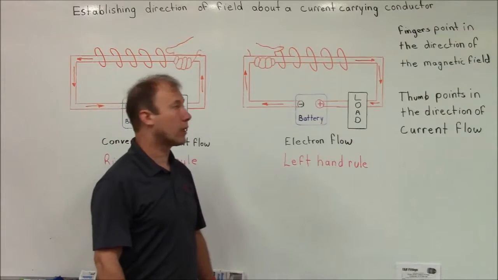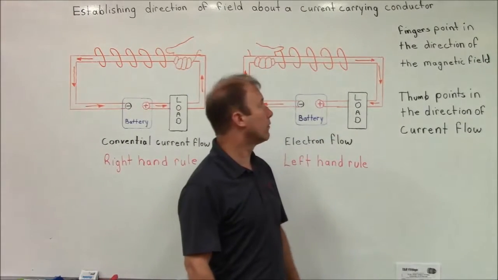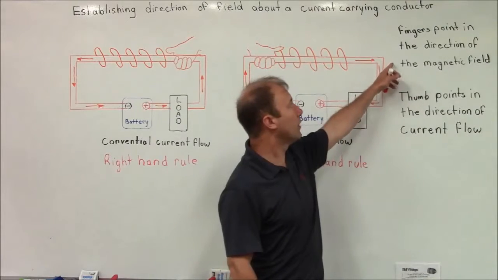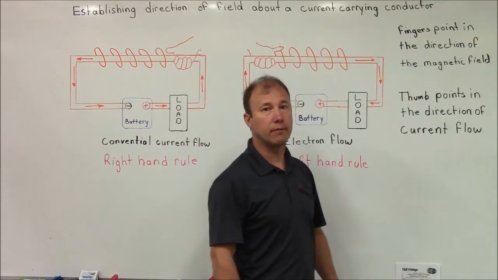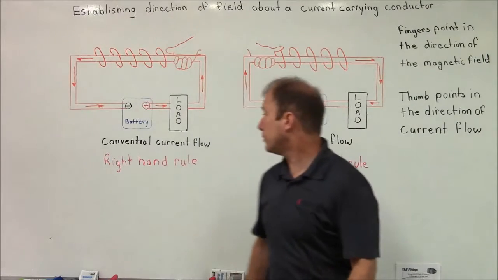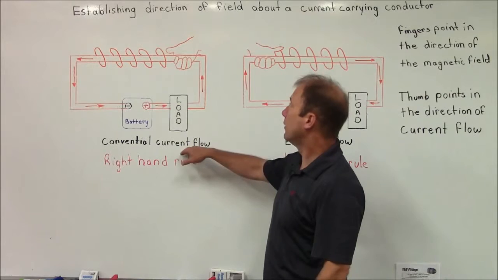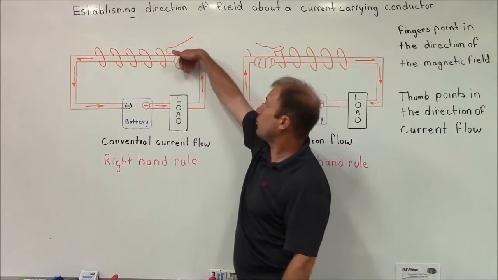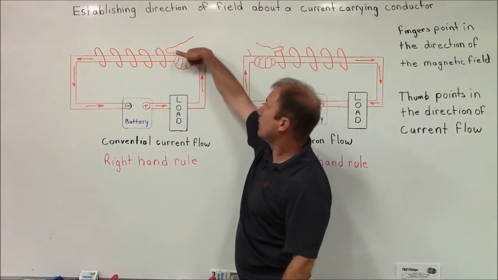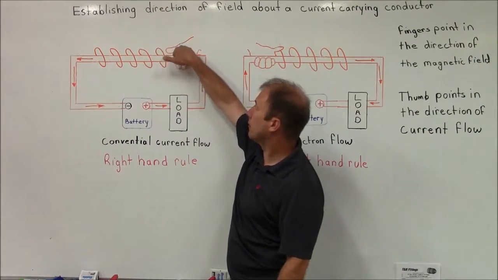Now, there's a couple notes. The thumb points in the direction of current flow, and the fingers point in the direction of the magnetic field. All right, so first we'll use the right-hand rule for conventional current flow. And you can see, if I were to wrap my hands around, the thumb is going to point in the direction here, right?